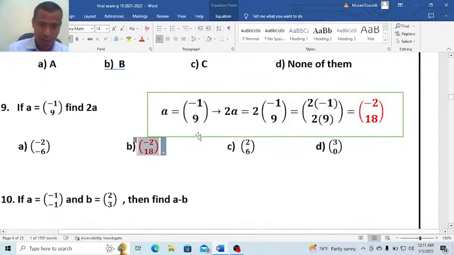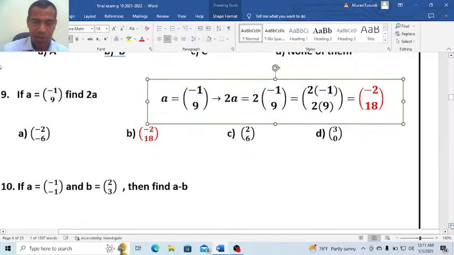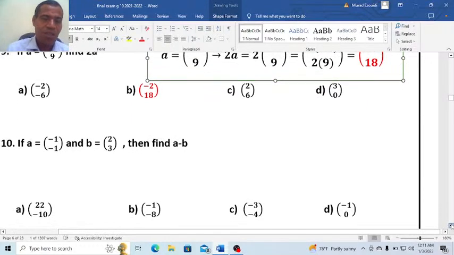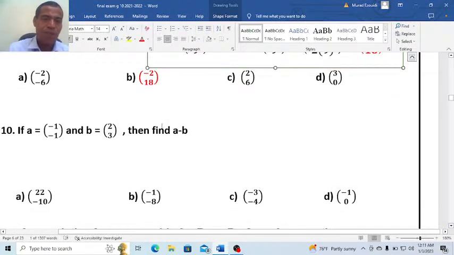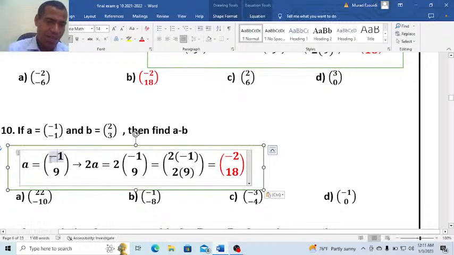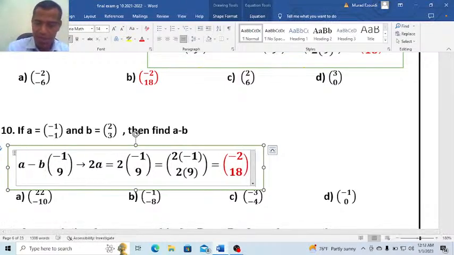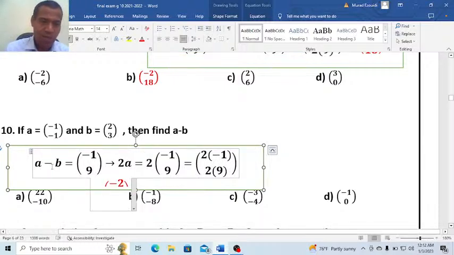Okay, for the next question, we have two column vectors given, A and B. The question is to find the difference between them. To solve this, I will write A minus B is equal to, what is A here?